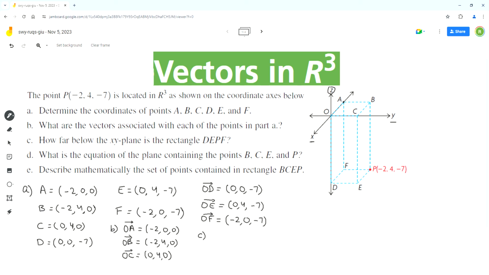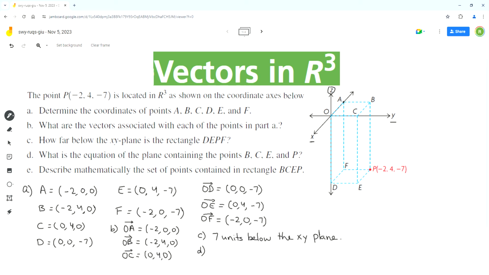So that's why this rectangle is 7 units below the XY plane. This should be the answer for part C.